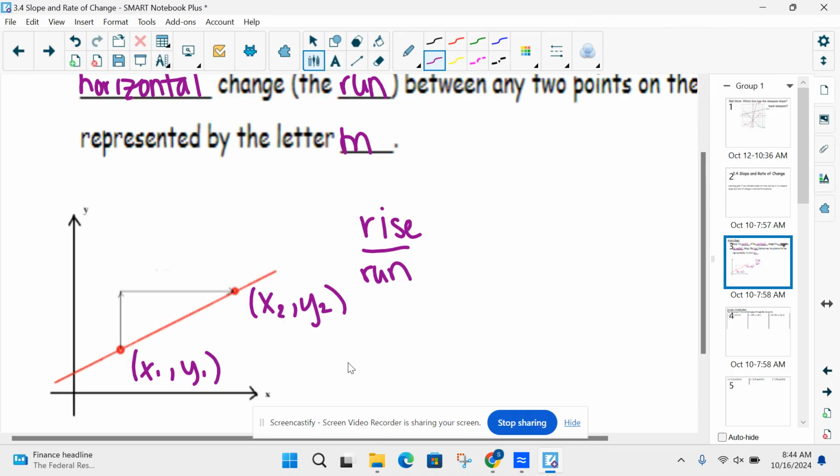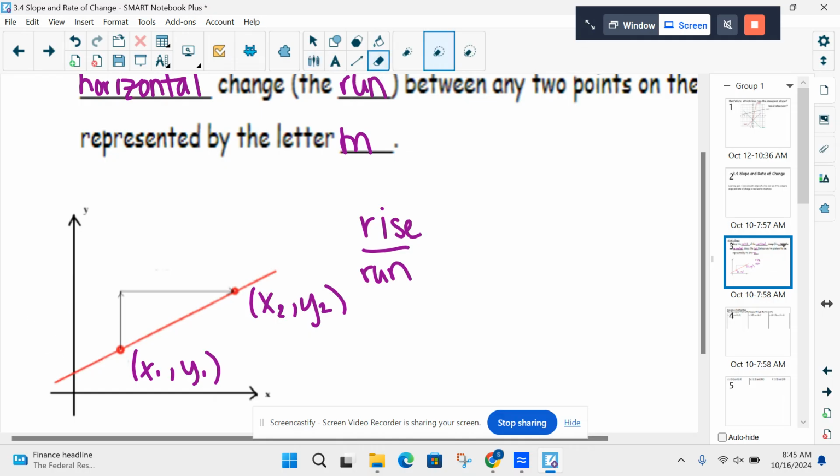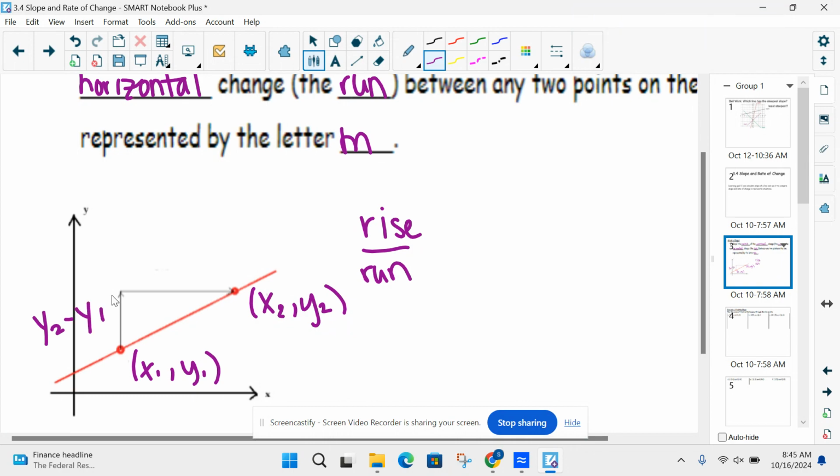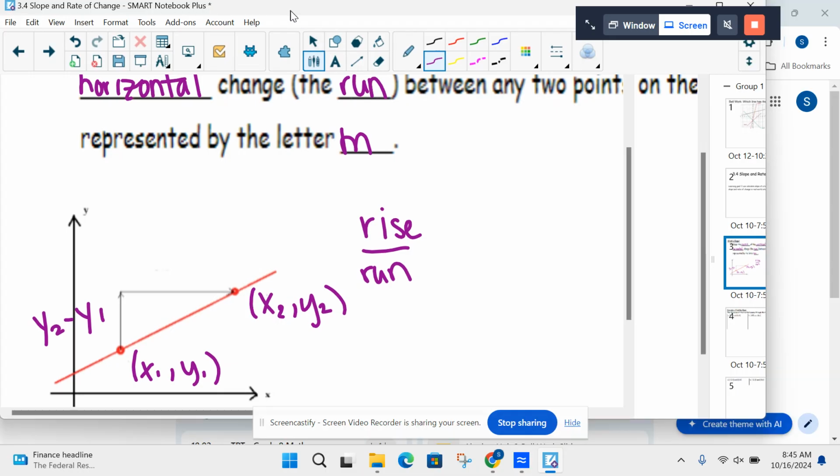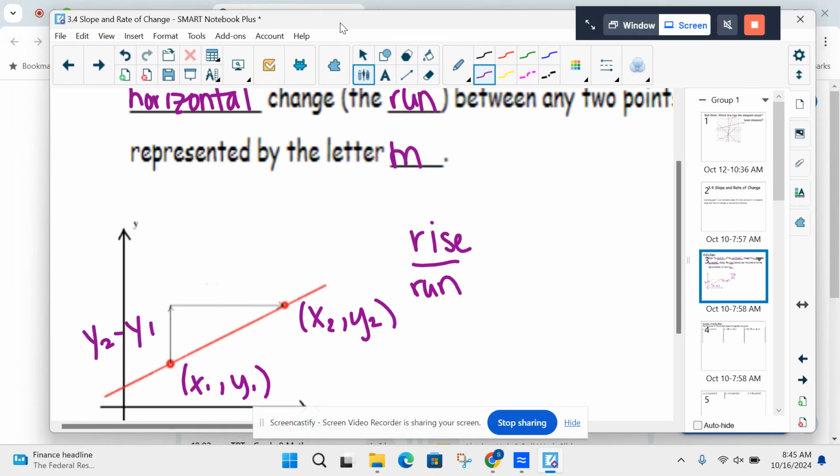Okay, you subtract them. So we'll subtract the taller one minus the shorter one. So that would be, sorry, not x, y, because the height is the y2 minus y1. Let me fix this.